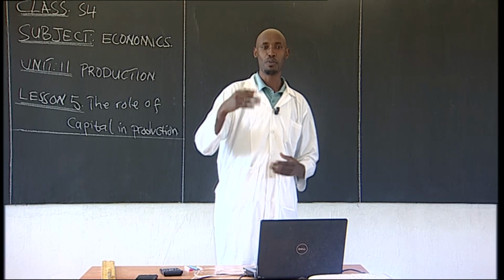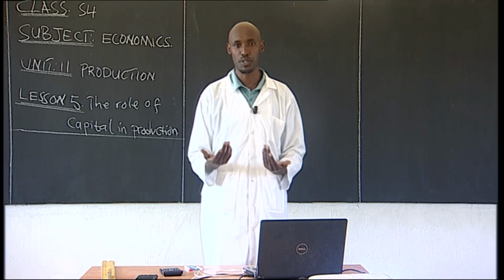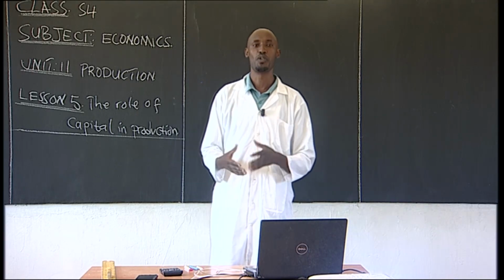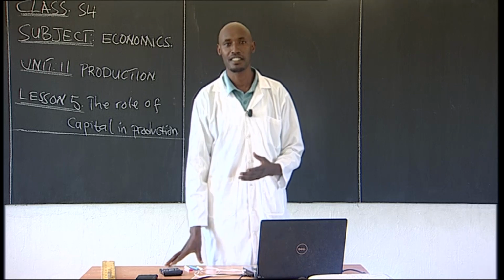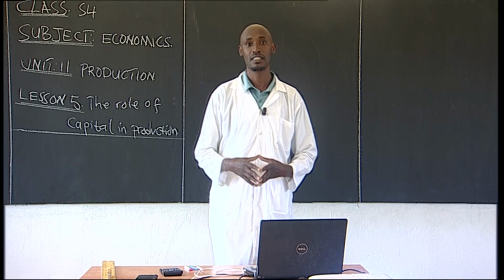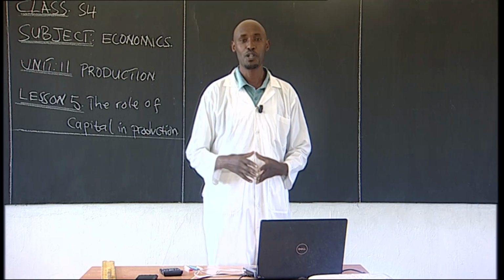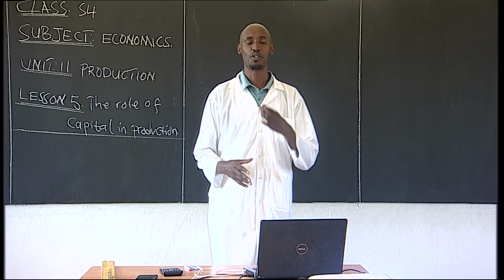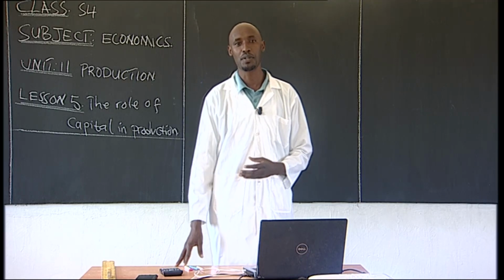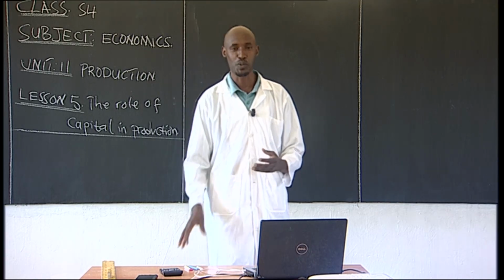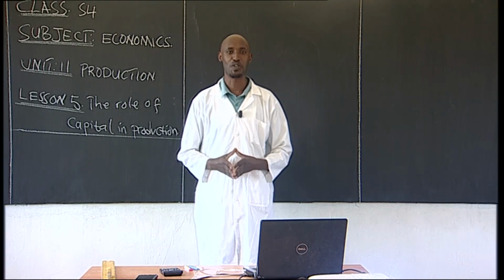What do we look at under capital as a factor of production? Good. We looked at the categories. And what are some of them? Good. Liquid capital. We talked of human capital. Then fixed capital. That's the categories.